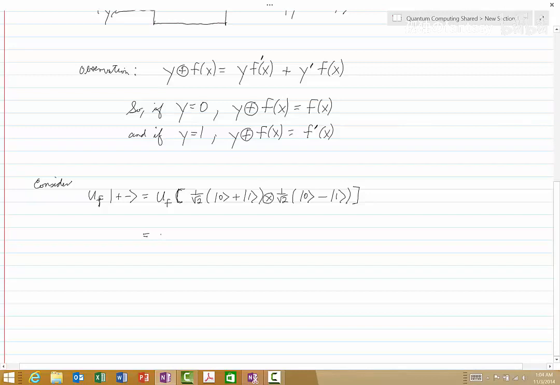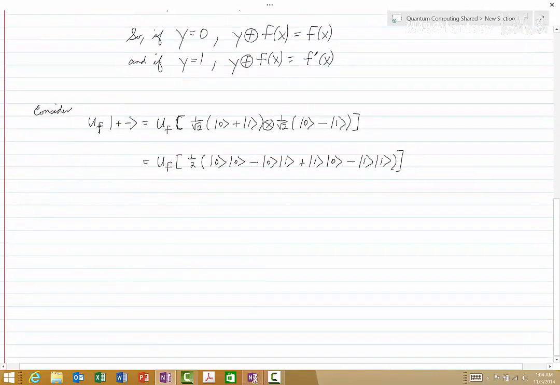And so that is the same thing as U_f acting on 1/2, and the 1/2 of course is coming from 1 over square root of 2 and 1 over square root of 2, and then we get 0,0 minus 0,1 plus 1,0 minus 1,1.